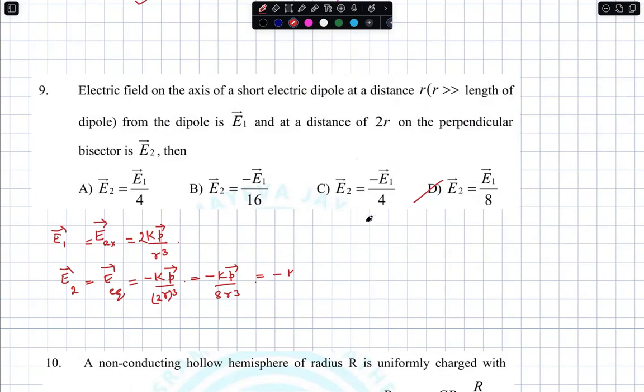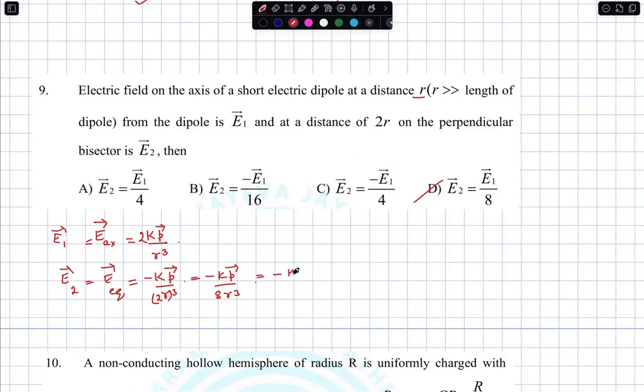Ninth question. If I take 2r at a distance r on the axis of a short dipole E bar, here Kp by r cube can be written as E1 by 2.